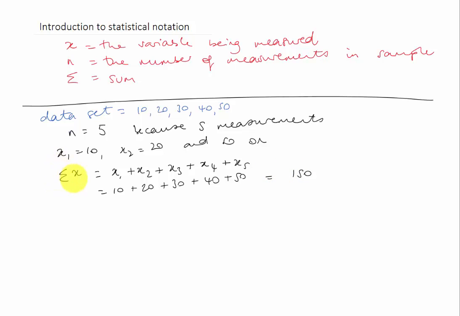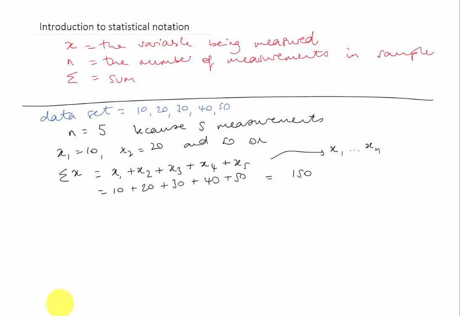So we could say that the sum of x is equal to 150. And this we could put more formally to say it's x1 up to xn. So there are n samples in the data set, so we have to keep on going until we've added them all up.